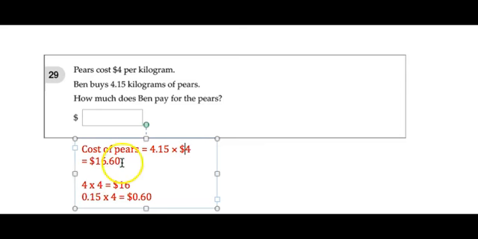Okay, so 4 times 4, looking at the whole number parts, is 16, and 0.15 times 4, like I said, you can do 15 times 4, which is 60, and know that you've got 2 digits after the decimal point, or you could do it like this: 0.15 plus 0.15 plus 0.15 plus 0.15.